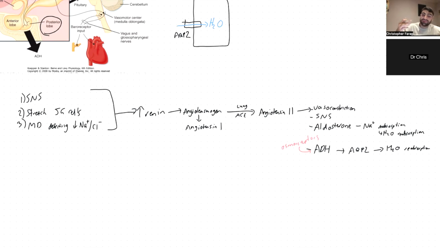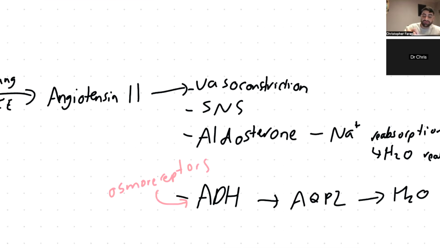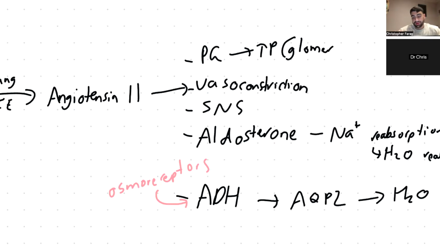I forgot something very important in my summary. I apologize. In angiotensin 2 as well, don't forget prostaglandin release, which is a very important part, which causes an increase in glomerular pressure. Remember, that's because it causes preferential dilatation of the afferent arteriole, which then does two things.